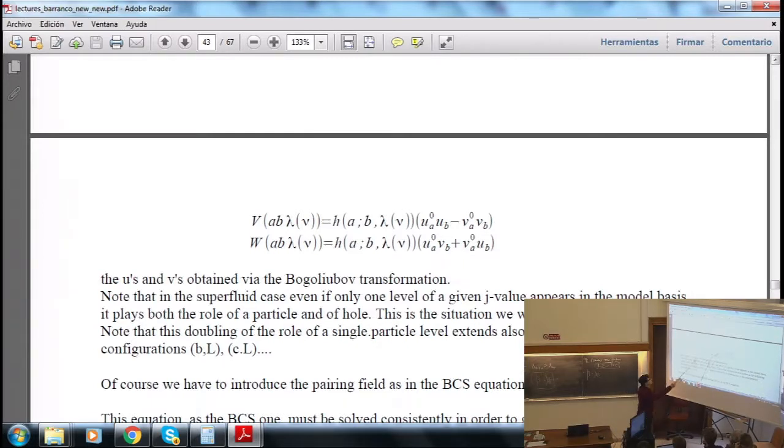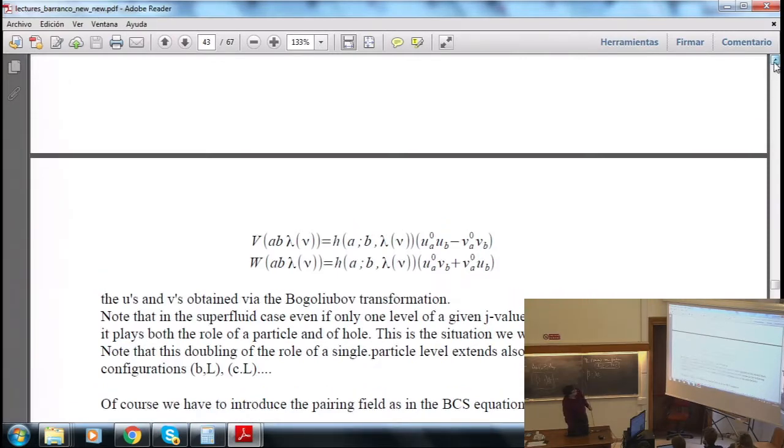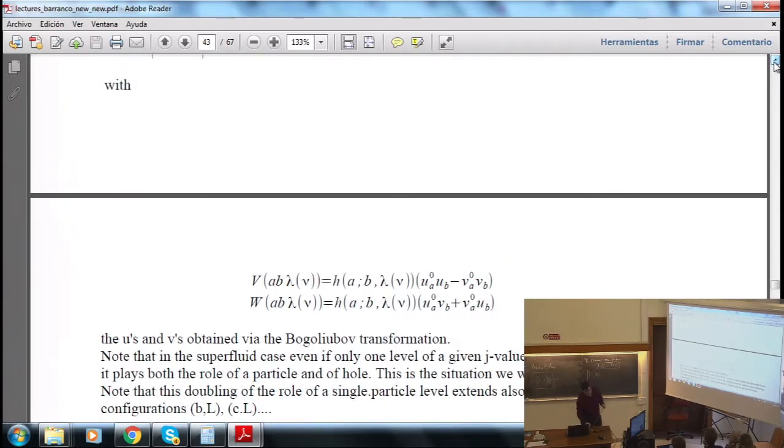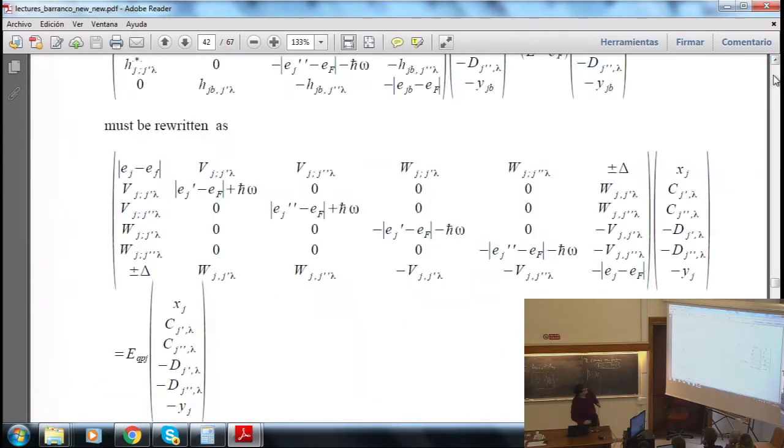This equation, in principle, must be solved consistently as the BCS, because the UV factors appear not only in the gap equation as before, this has not changed, but also in the matrix elements. In the matrix elements appearing in the particle vibration coupling, how much something is a particle or how much something is a hole is decided by the U and V BCS amplitudes, and this, through the Bogoliubov transformation, is decided by the large and small amplitudes.